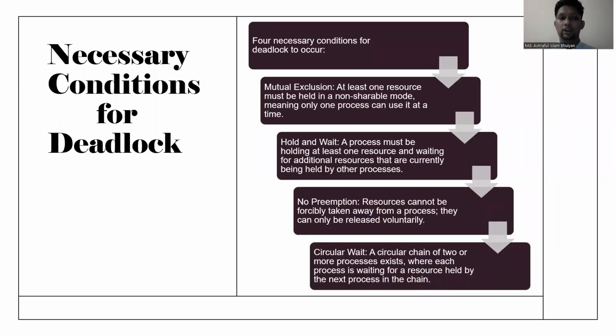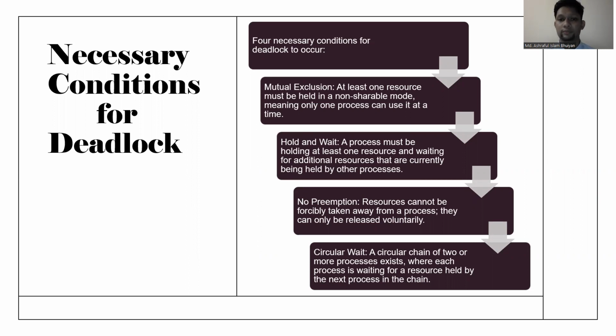And now I'll talk about the necessary conditions for deadlock. Especially four necessary conditions must hold for deadlock to occur: mutual exclusion, hold and wait, no preemption, circular wait. So right now I'll discuss the four necessary conditions for deadlock. First, mutual exclusion. At least one resource must be held in a non-shareable mode, meaning only one process can use it at a time.